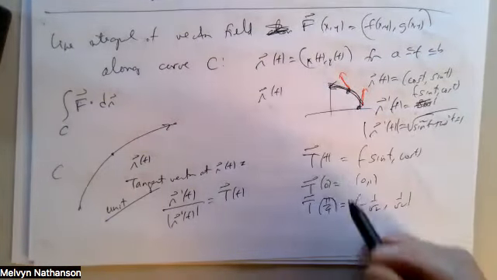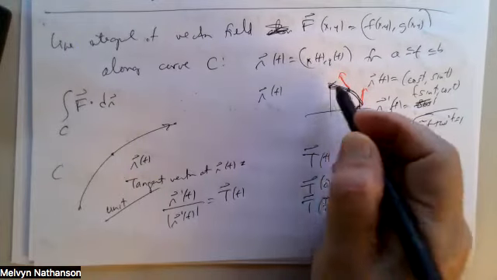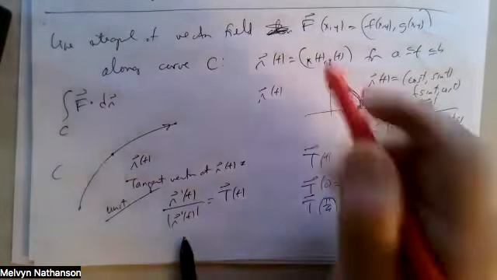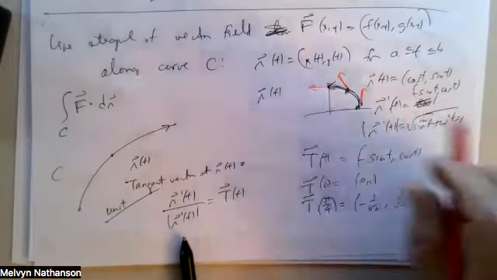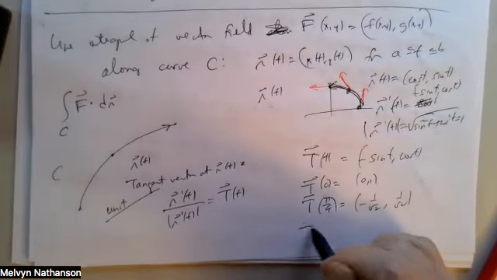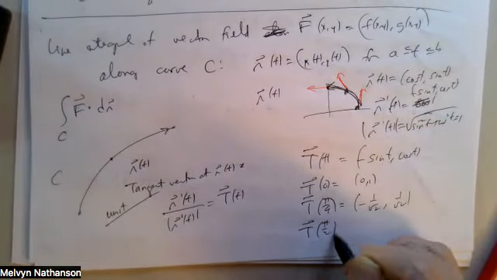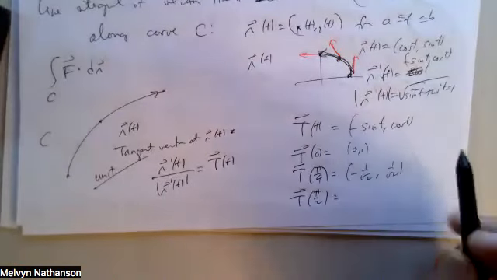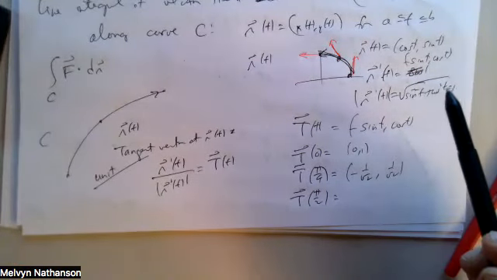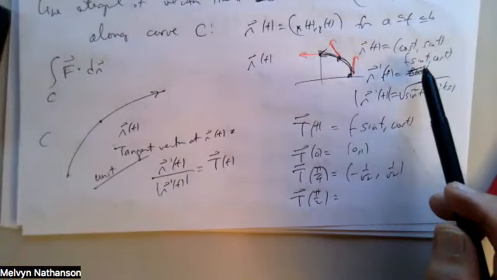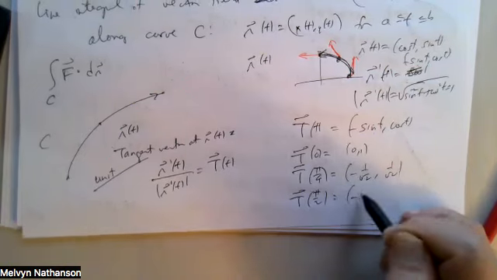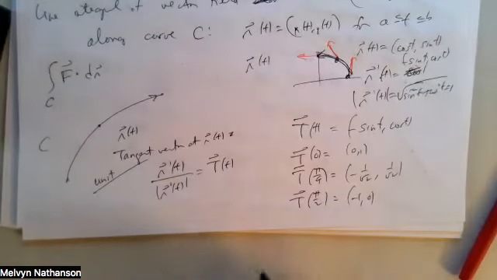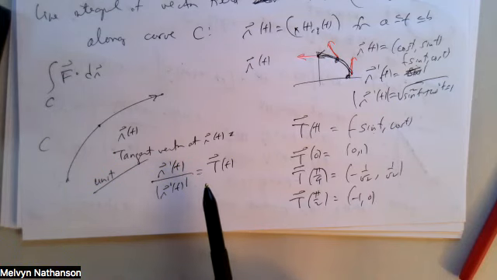The tangent vector at this point is going to have to be horizontal going in that direction. The unit tangent vector at pi over 2 is minus 1, 0. That's exactly what that is. So this is the definition of the unit tangent vector to a curve at a point.